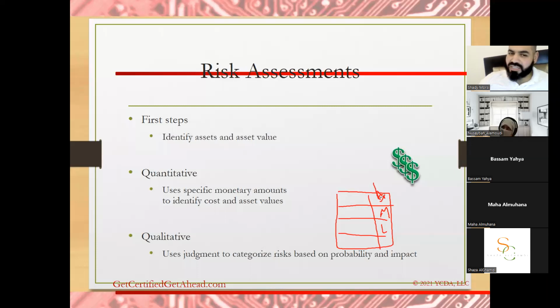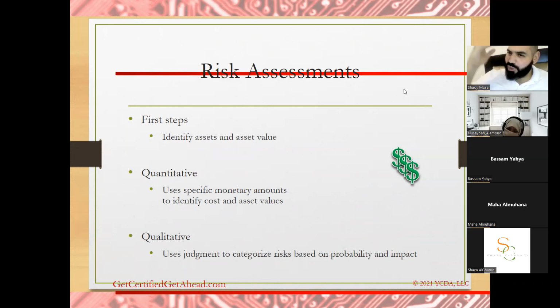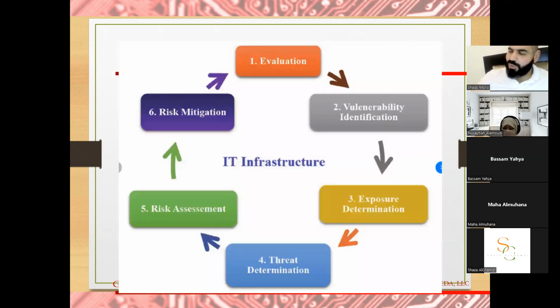Once we finish this, as Shaza asked, what we will do is, when you have a score and a priority for what we need to work on, we go and implement the controls we learned before.